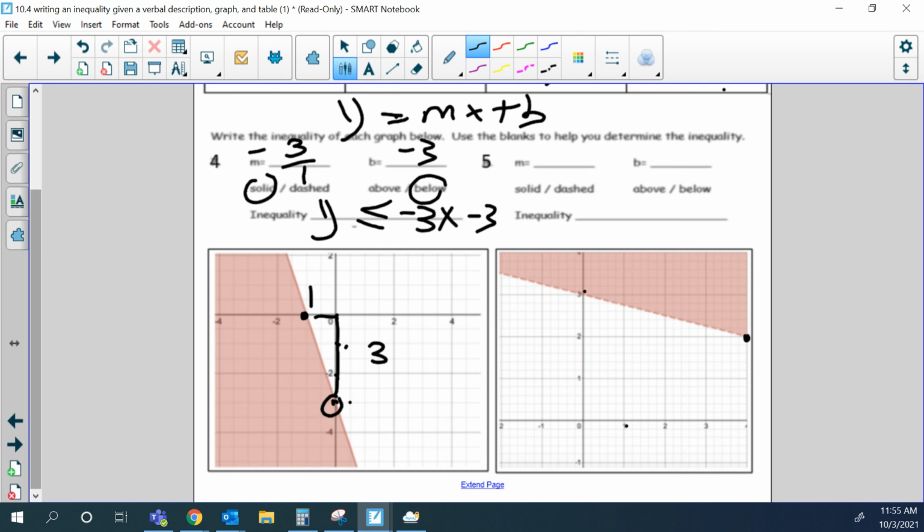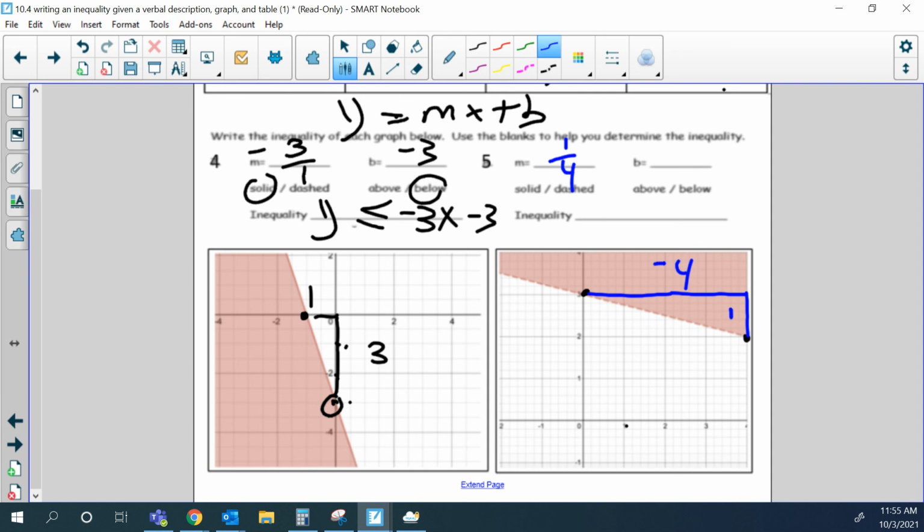And then if I go up, I have 3 right here. So my rise is going to be 1. If you notice, if I go up 1, I go up right here. My rise is going to be 1. And then if I run, it's going to be 4. 1, 2, 3, 4. So rise over run is going to be 1 over 4.